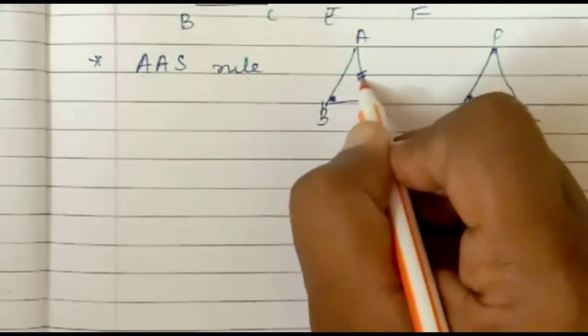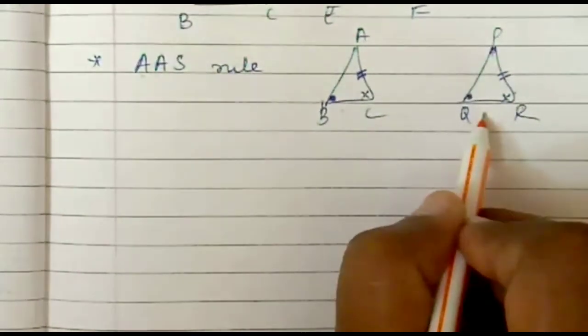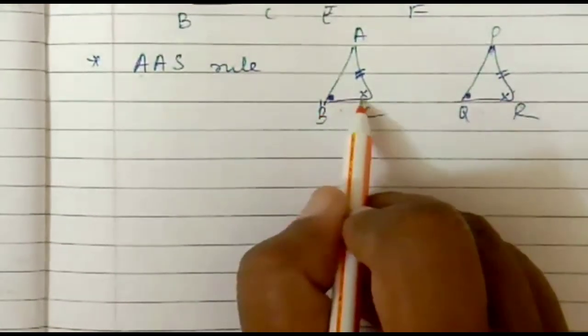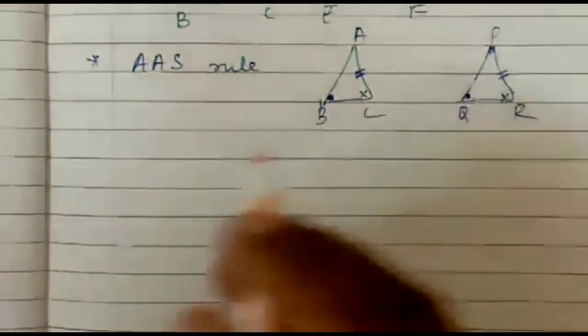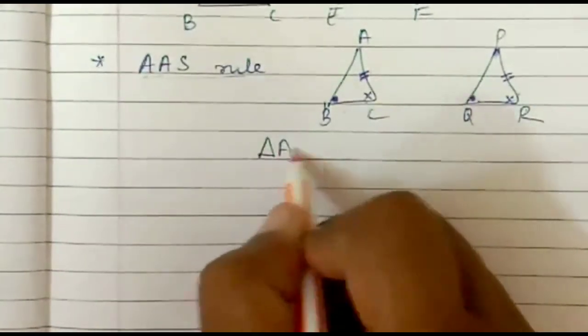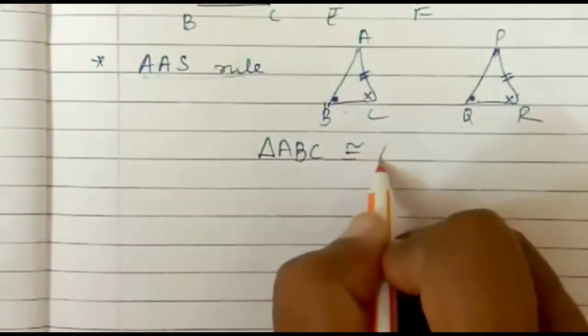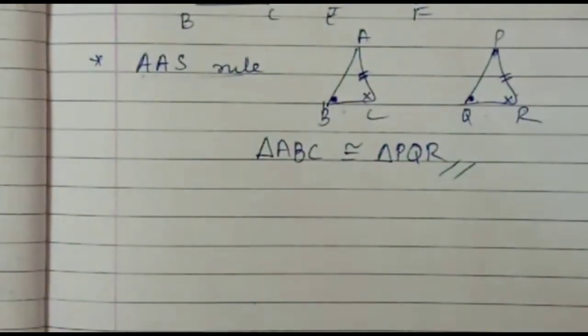Suppose I'm taking AC equal to PR, I'm not talking about the included side. So here we have two angles and one side equal to two angles and one side of another triangle, and so by AAS congruence rule, triangle ABC will be congruent to triangle PQR, and hence the result is proved.